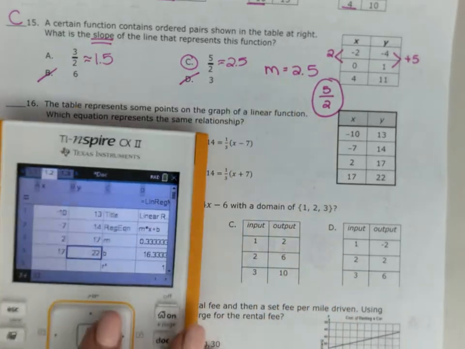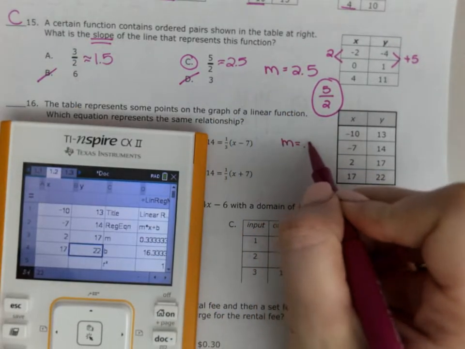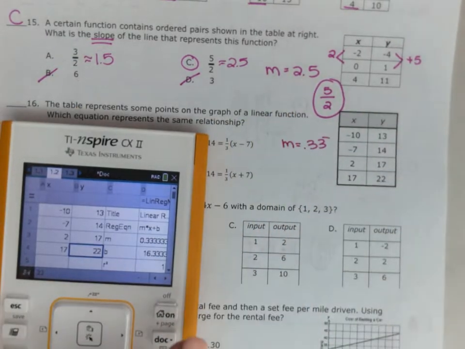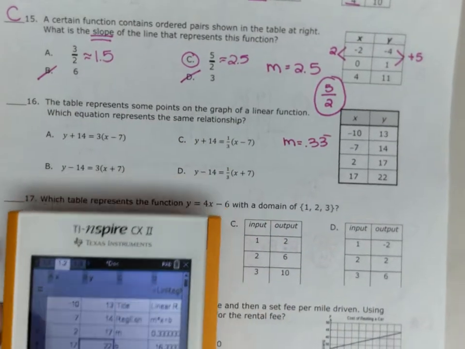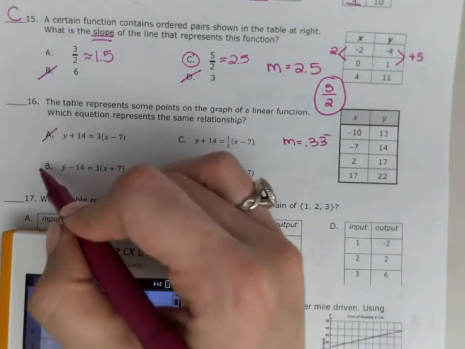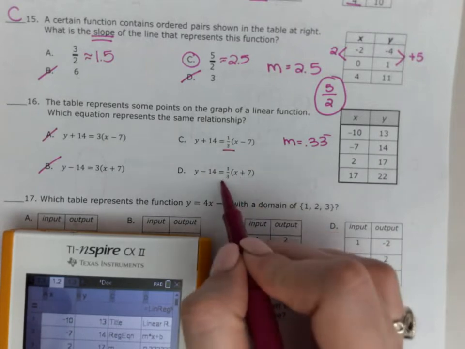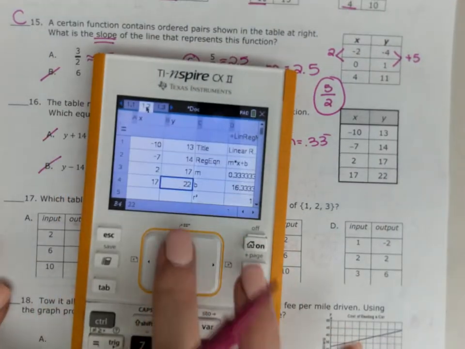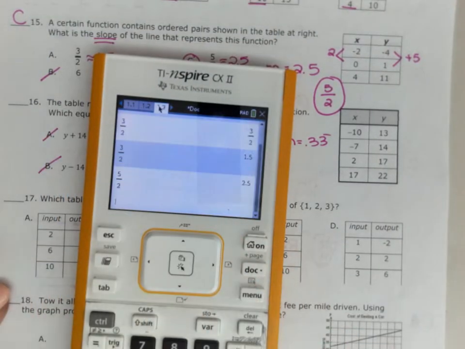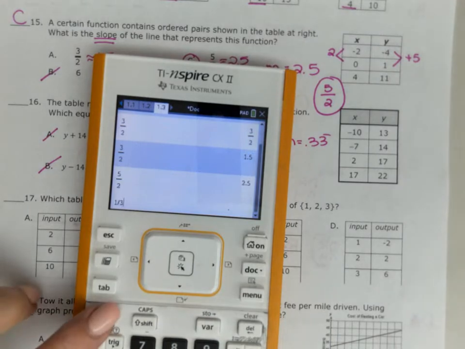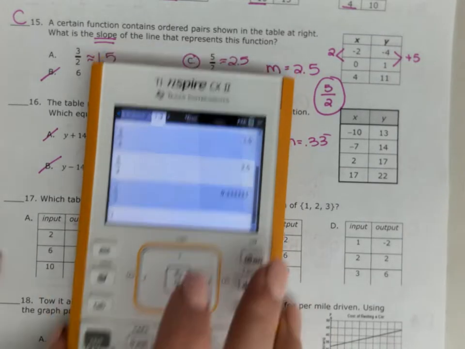All right, so my m is 0.33 repeating, okay? So I know that that's not a regular 3, so the slope's not 3. I bet you it's going to equal 1/3. If I want to check, I can go to my calculate screen. 1 divided by 3. Yes, that's the same thing.